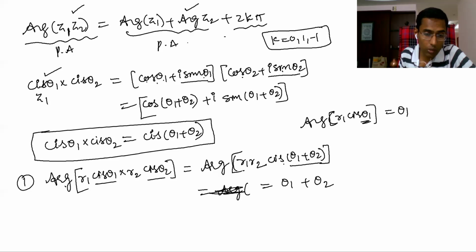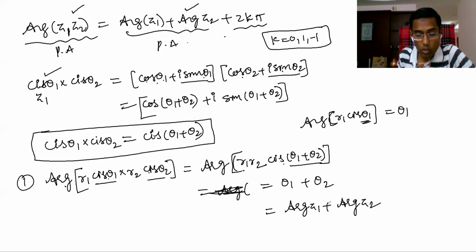Please try to understand. Argument of z1 z2 is theta 1 plus theta 2, that is argument of z1 plus argument of z2. That is how we get it actually. If you multiply, then you will understand.